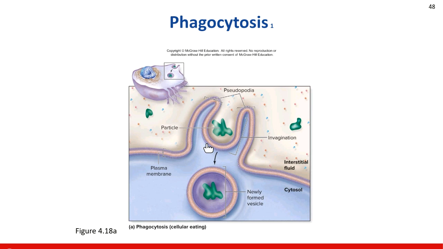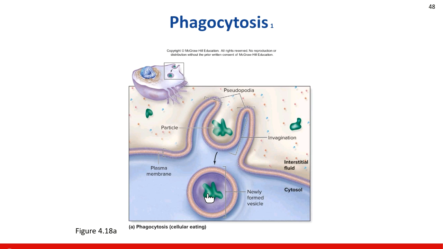They start to wrap around it, and eventually it completely encases the particle, and it pinches off, and it forms this vesicle. And then this vesicle will travel in the cytosol, and it'll merge with a lysosome. And then that lysosome will dump its digestive enzymes into the inside, and it breaks this down and digests it.